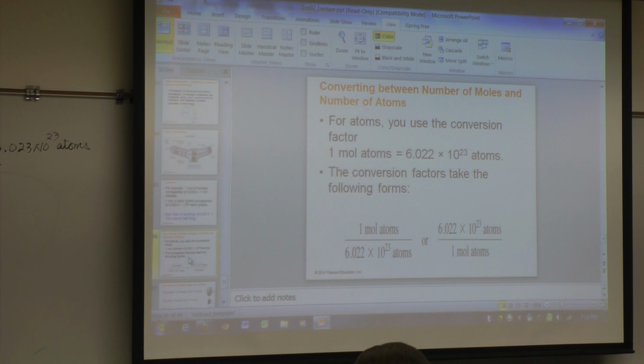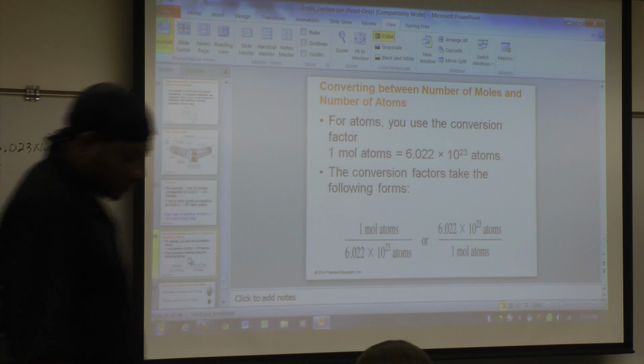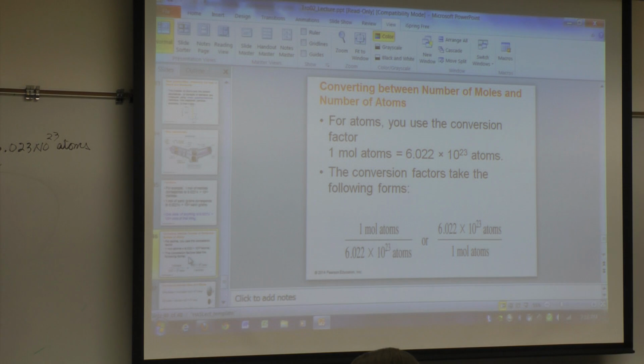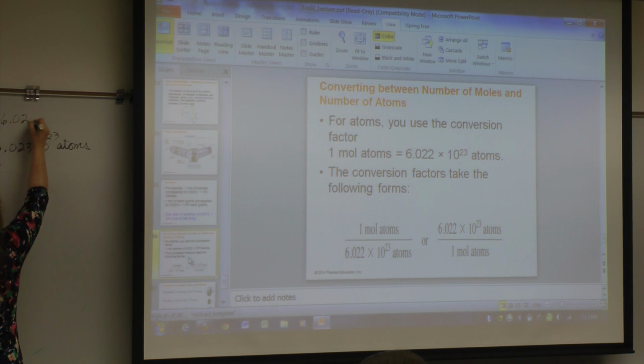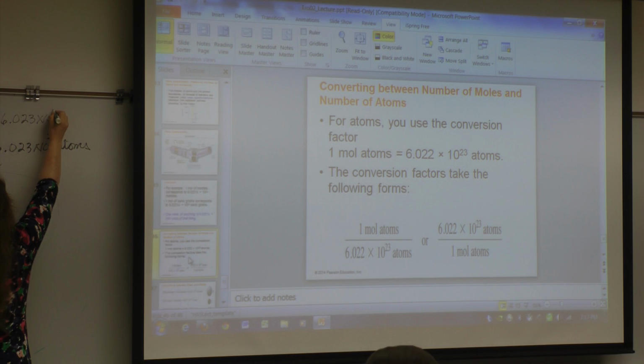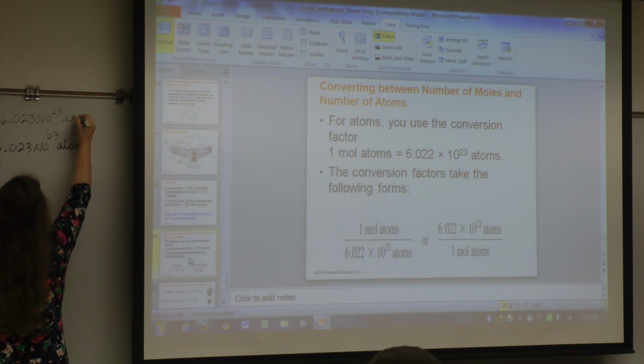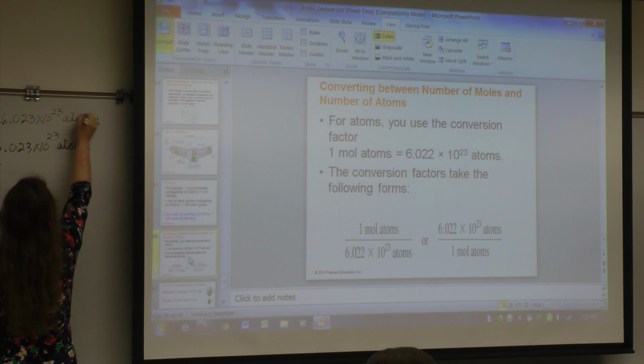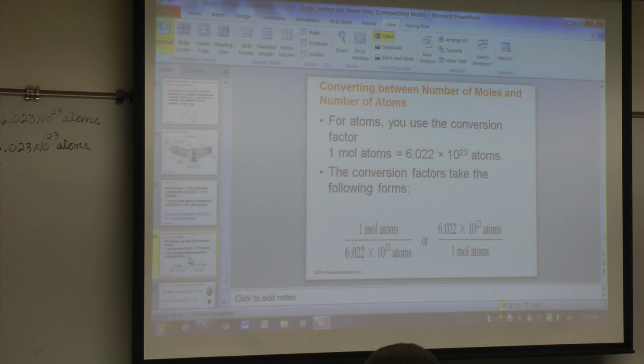But 1 mole of hydrogen also has how many atoms? Also 6.023 times 10 to the 23rd atoms. And how many grams does it weigh? 1.008 grams, right?